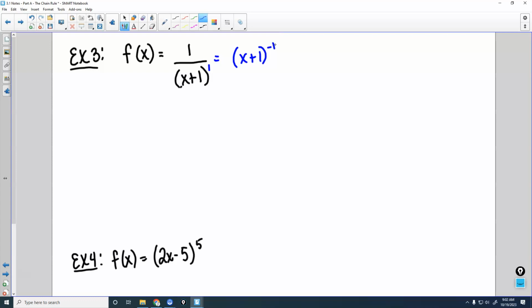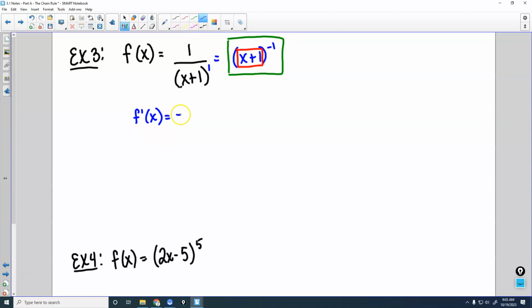Okay? Now, I'm not necessarily saying this is easier. I'm just giving you another option, right? So if I want to take the derivative of this using chain rule instead of quotient rule, I'd have to make it negative exponents first. And then the outside is that to the negative 1 power. The inside is the x plus 1.